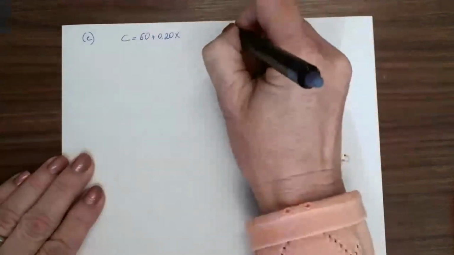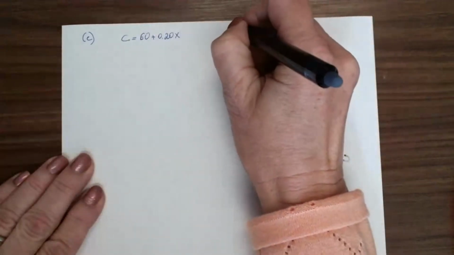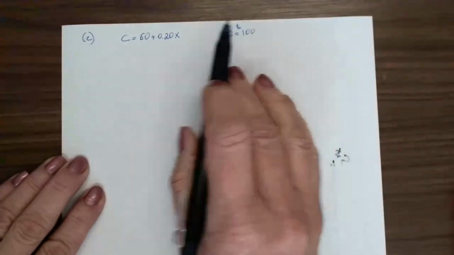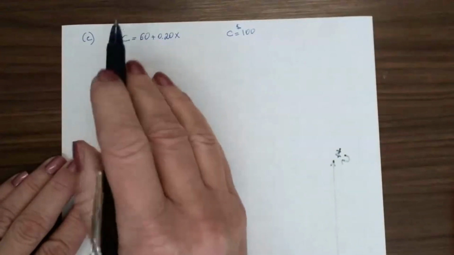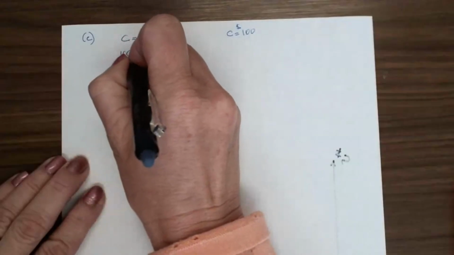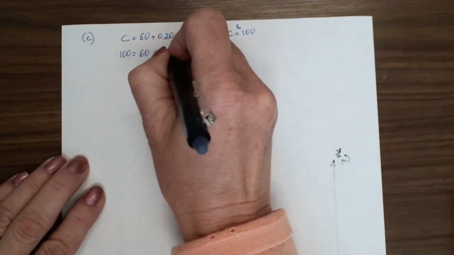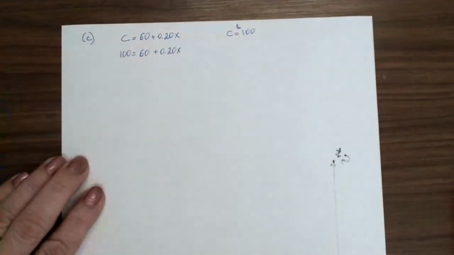We know that the cost is $100. It means we need to substitute 100 into this equation for C. And we will have 100 = 60 + 0.20x.